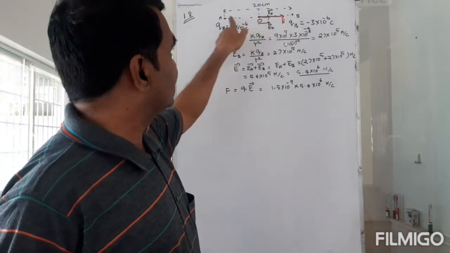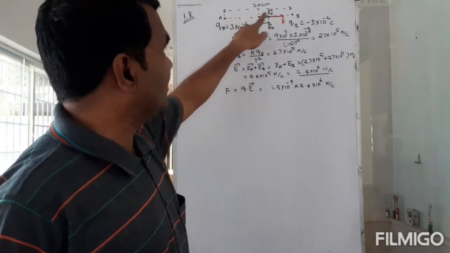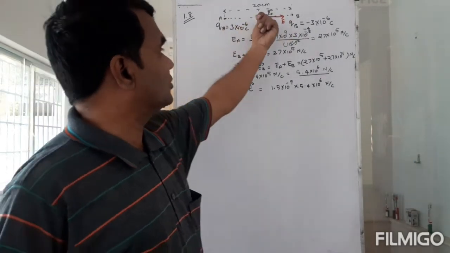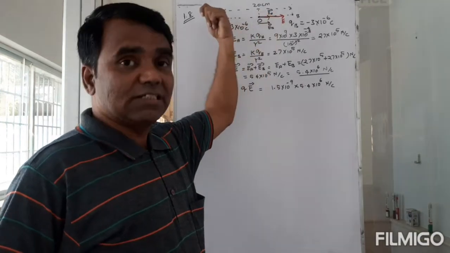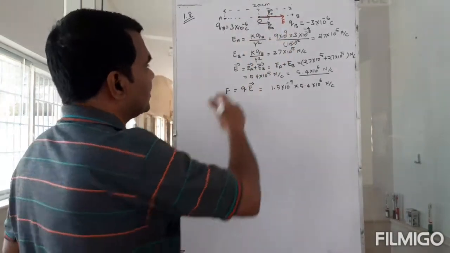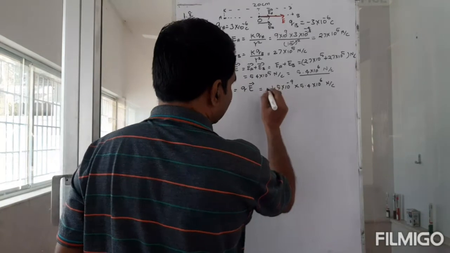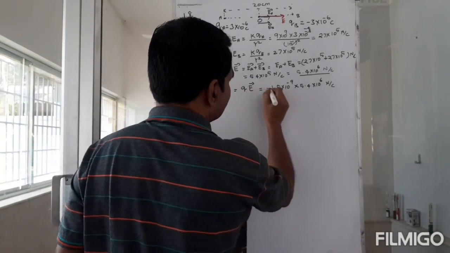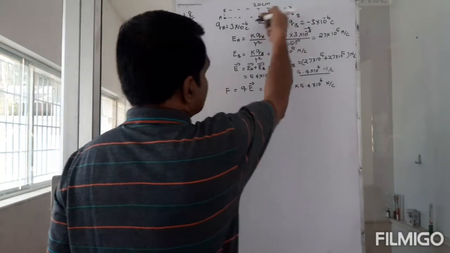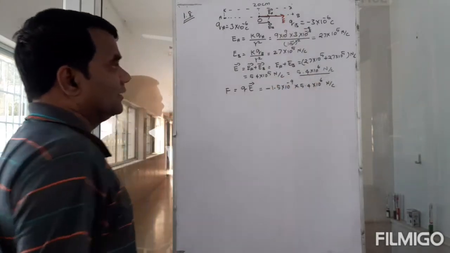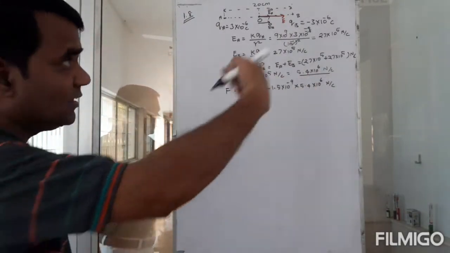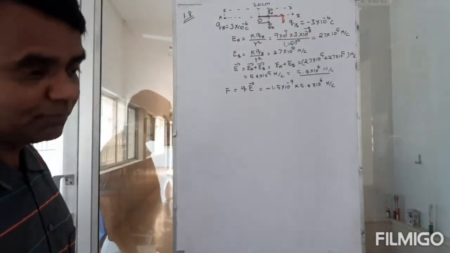Because this will now attract that negative charge, and this will repel that negative charge, so the charge will experience a force in this direction. So simply, this is the E direction, but then you have Q, which is a negative charge now. So the net force will be in this direction.